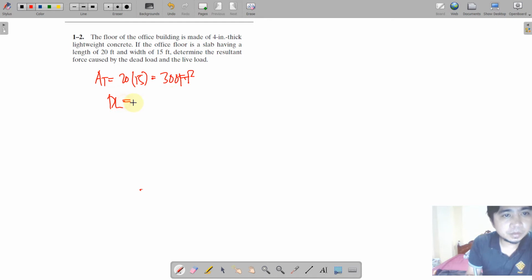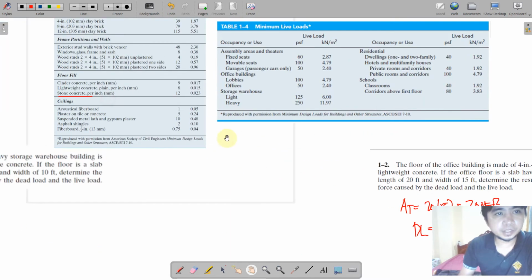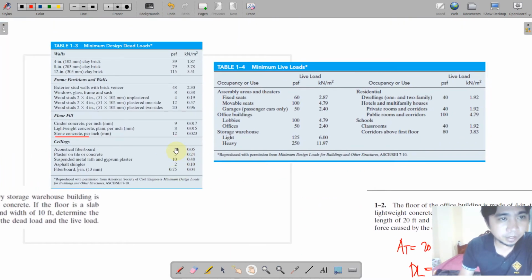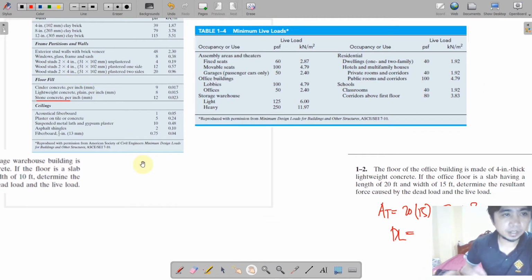So first, proceed to the dead load. What are the items for the dead load? The 4 inches thick lightweight concrete, that is a flooring. The self weight of the flooring with 4 inches lightweight concrete. So where's the lightweight concrete? Here, on table 1-3, we actually have the value.